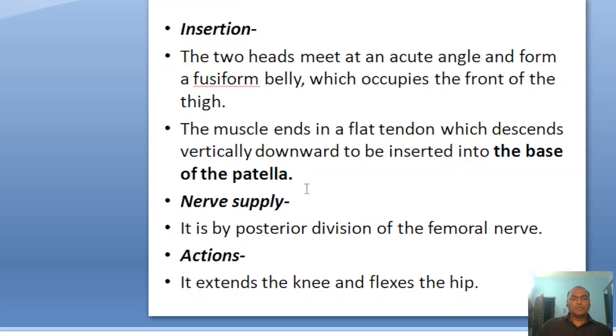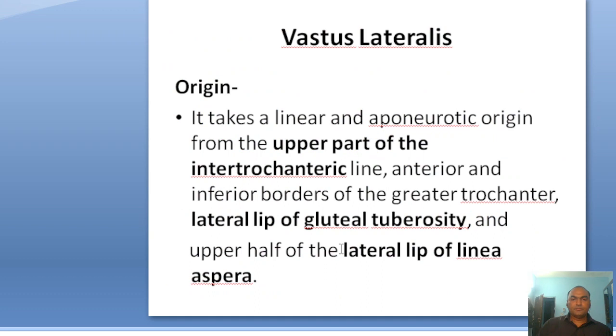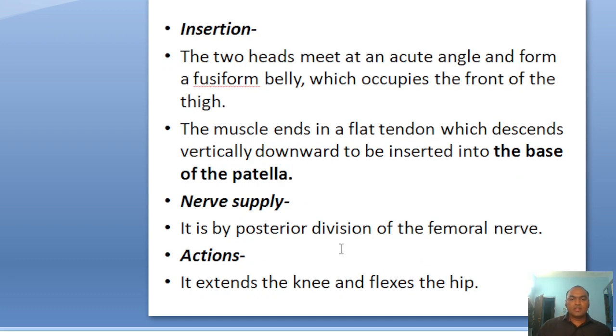Nerve supply, as you know for the front of the thigh, is the femoral nerve, so the posterior division of the femoral nerve supplies the rectus femoris muscle. Action: it extends the knee joint and flexes the hip joint.